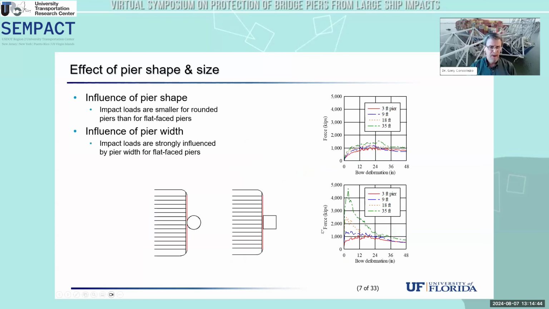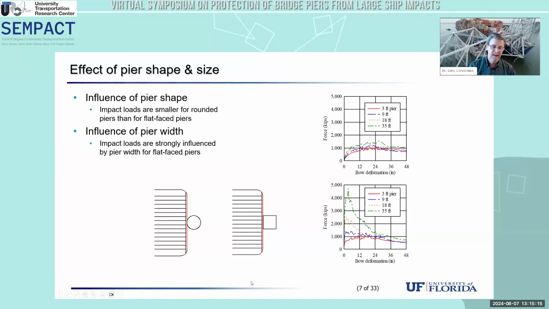So to summarize a few of the findings that relate to barge impacts, we found that both the shape and the size of the impacted surface of the bridge element affects the forces that are generated. So for example, we have found that rounded geometric surfaces of the bridge generally speaking result in smaller impact forces than do flat-faced impact surfaces, such as a rectangular waterline pile cap, for example.